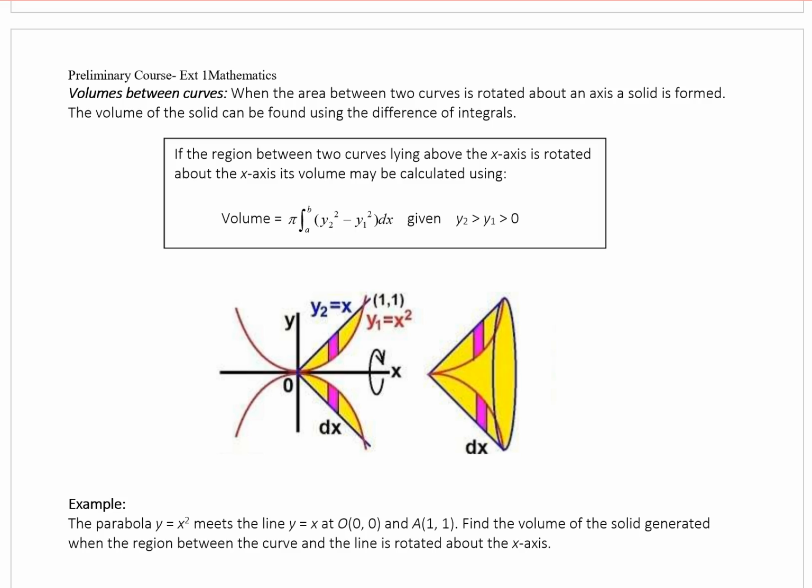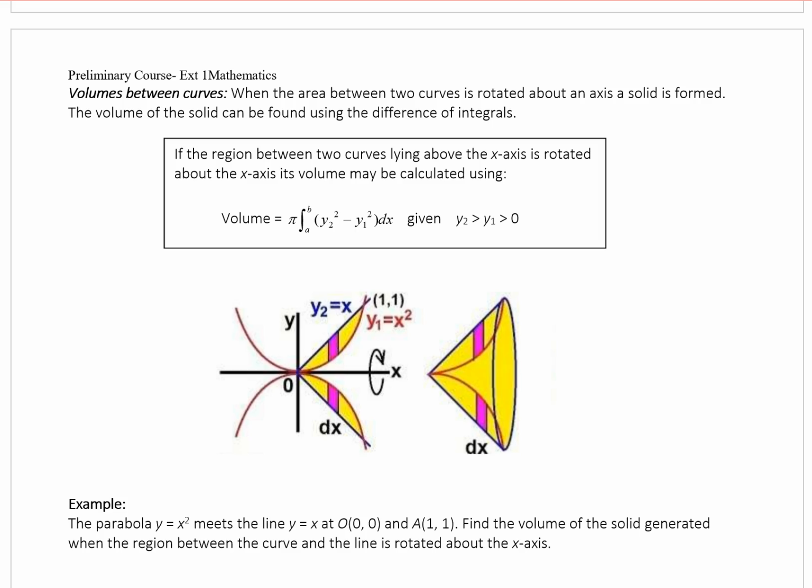It is possible to create a volume where you're taking the region between two curves and rotating that around, say, the x-axis, back to the x-axis here.